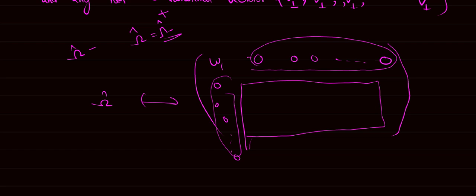So we can write our omega operator like this. It will be any matrix, and this is the first row and first column.